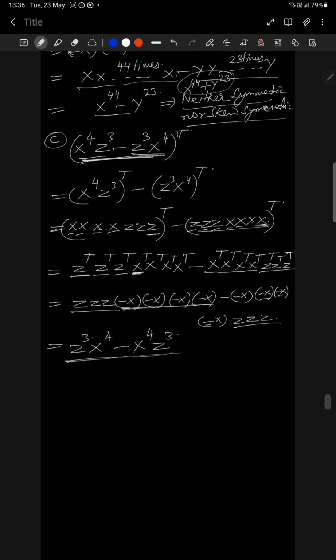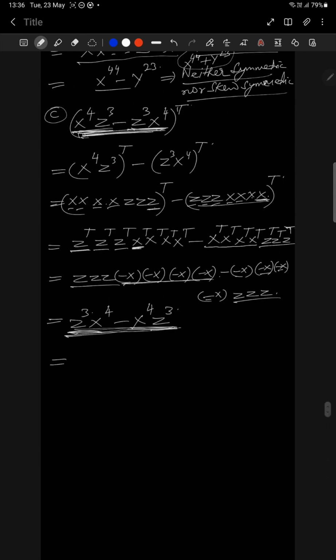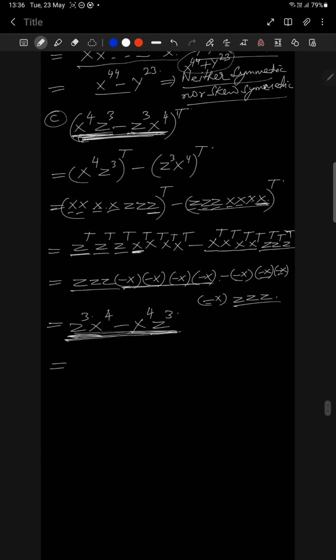Let us check whether this quantity is the same as this one or not. We find that z to the power 3 x to the power 4 is over here, and x to the power 4 z to the power 3 is over here. So in order to make this the same as this, don't you think we can take the minus sign common?